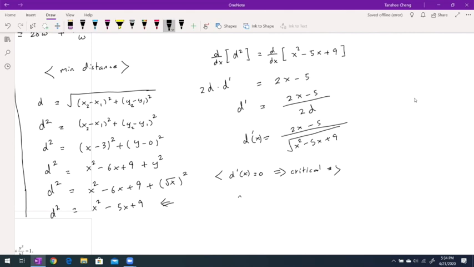So that will be 0 equal to (2x minus 5) over the square root of x squared minus 5x plus 9. So which is 0 equal to 2x minus 5. And that will give us x is equal to 5 over 2.